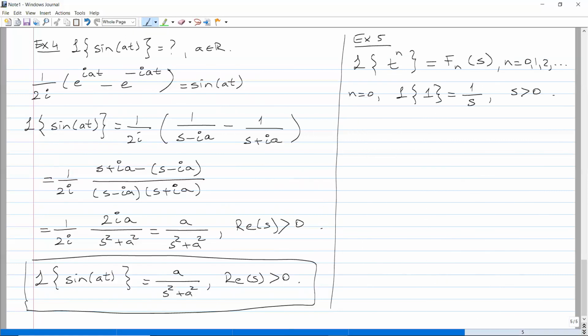Now for n greater than or equal to 1, the Laplace transform of t to the n, by definition, is the integral from 0 to infinity of e to the minus st times t to the n dt. Now I'm going to apply integration by parts.